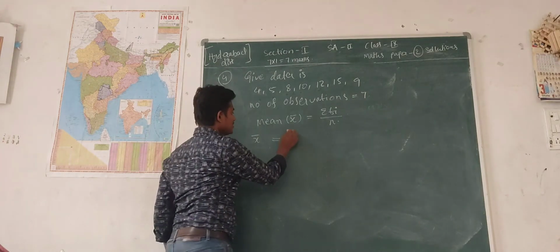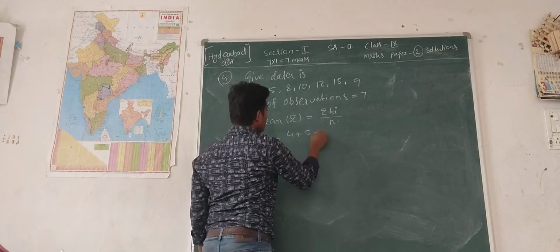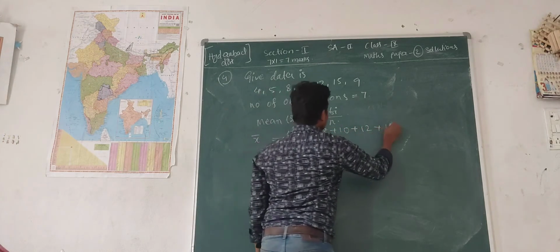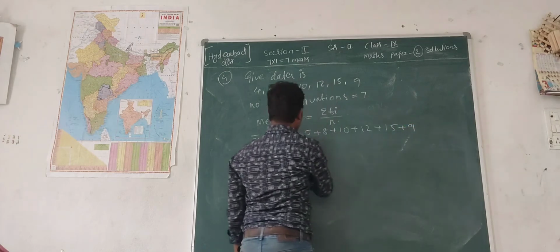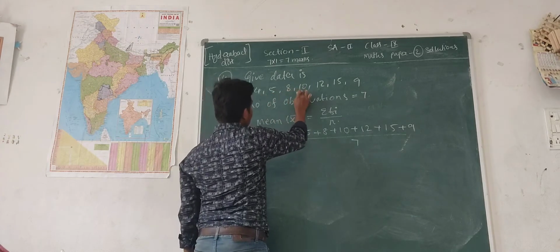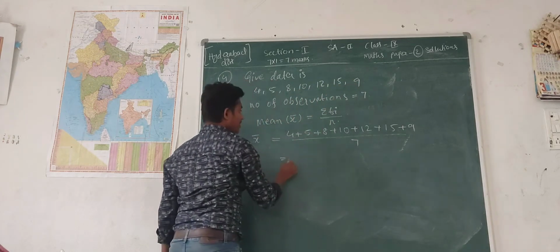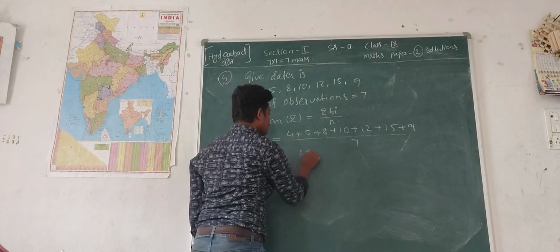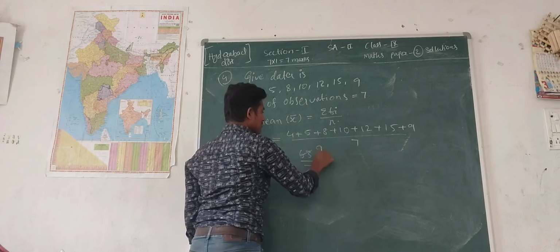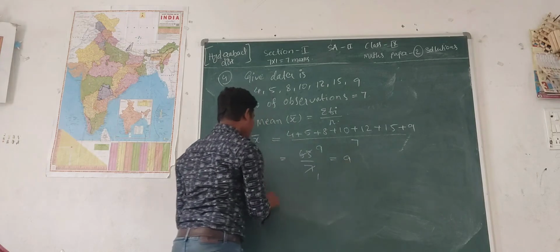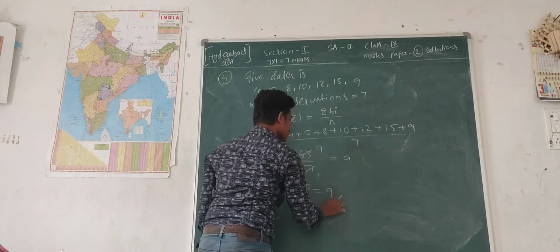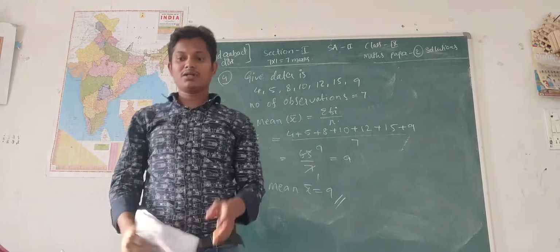First observation is 4 plus 5 plus 8 plus 10 plus 12 plus 15 plus 9, and number of observations are 7. When we are adding these all, then we are getting 63 by 7 and cancelling, 7 ones are 7, 7 9s are 63. So mean x bar equals to 9. This is our final answer.